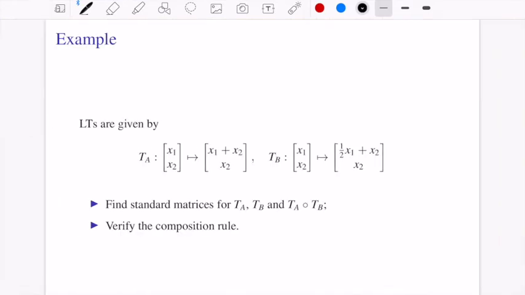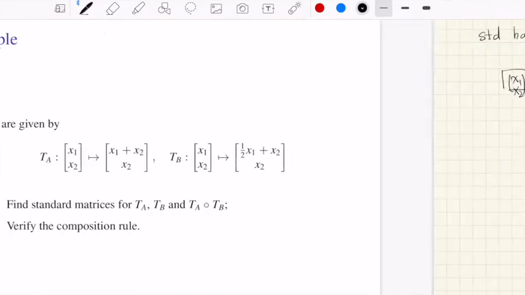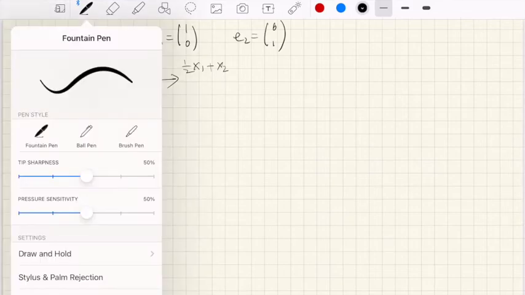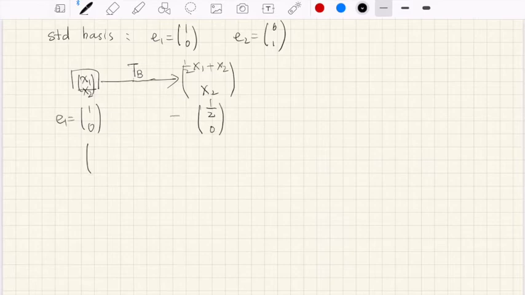Now we first do TB. TB is given by 1/2 of X1 plus X2, and X2. For each of E1 and E2, if you have (1, 0), then after TB it becomes (1/2, 0). This is for E1, TB E1.